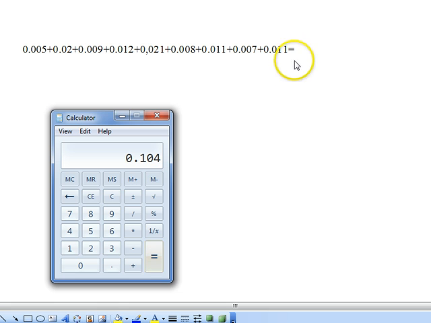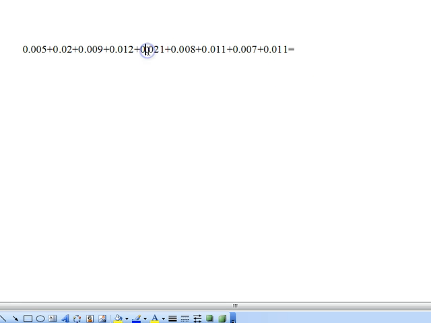Okay, so I'm going to correct that problem with the decimal point here. That equals 0.104.